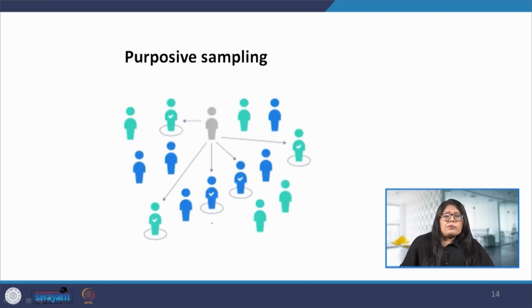Now, purposive sampling, as the name suggests, involves the researcher purposely selecting samples which are most useful to the purpose of the particular research. So, we will select those samples.